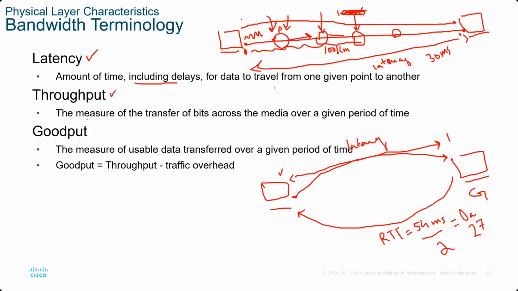Then you have throughput, which is the measure of the transfer of bits across the media over a given period of time. So this latency or round trip time is for a single bit: how much time a single bit takes from when it's generated here to when it reaches here. There will always be some sort of latency.